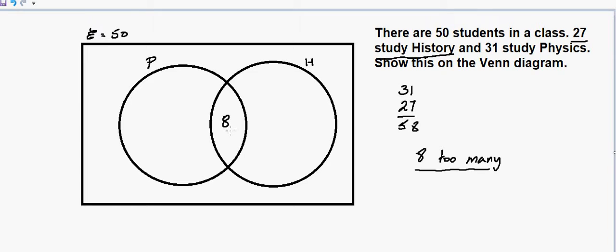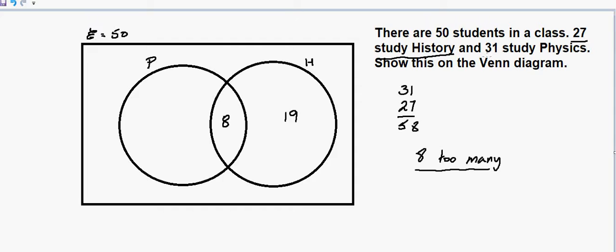Okay, so 8 from 27 would be 19. Because 19 plus those 8 would give me the 27 that are studying history.